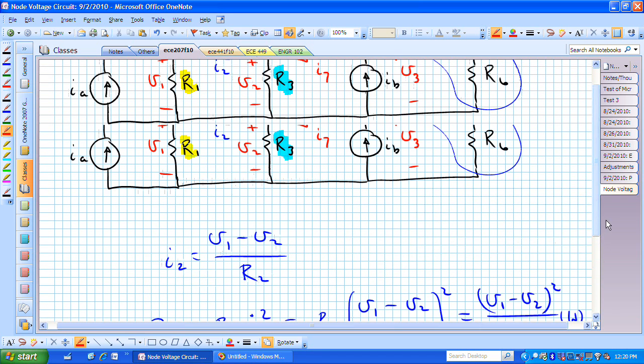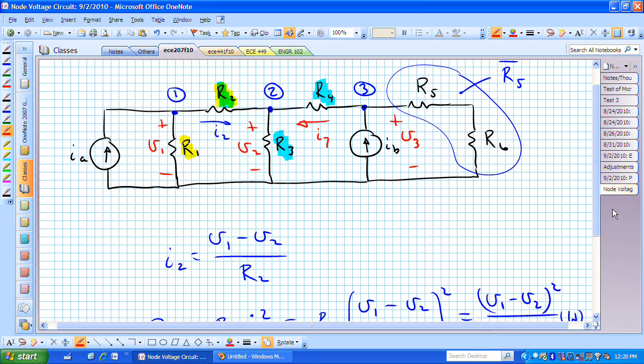If we wanted to determine the power absorbed by the current source I sub B, what would we be able to say?